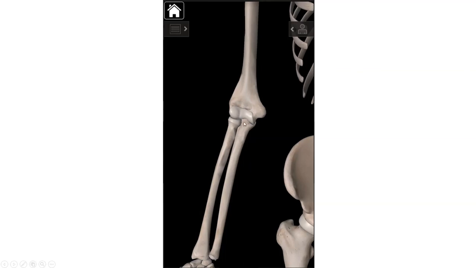It also only moves in one plane. Effectively what happens there is that the radius spins on the ulna. When it spins medially, you get pronation. When it spins laterally or externally, you get supination. So only one plane there, 1 degree of freedom at the proximal radial ulnar joint.